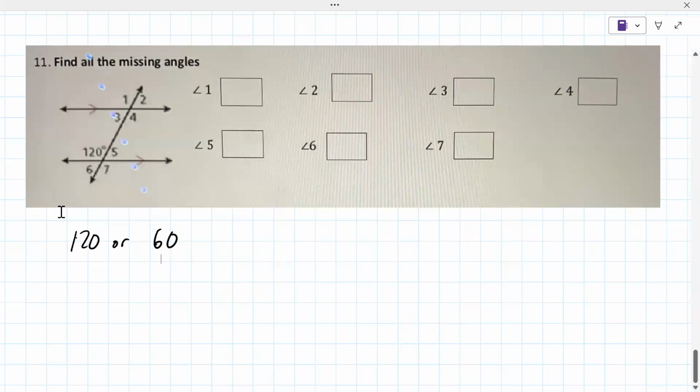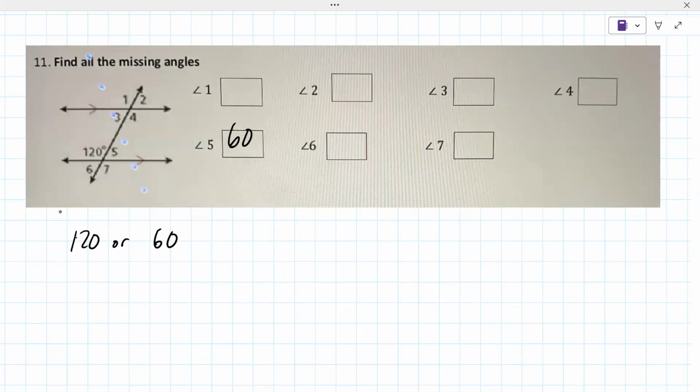It's 60. 5 is 60, agreed. 5 and 6 and 3 and 2.